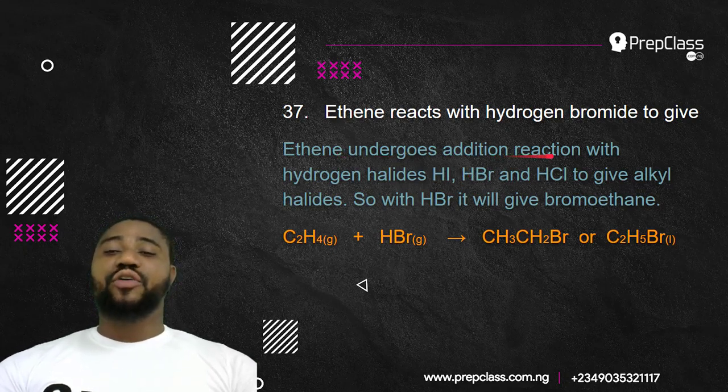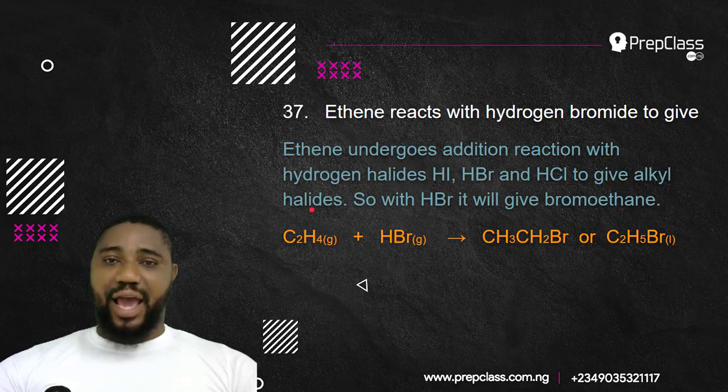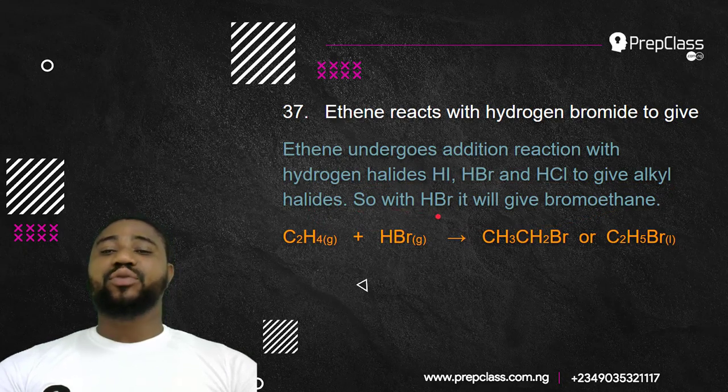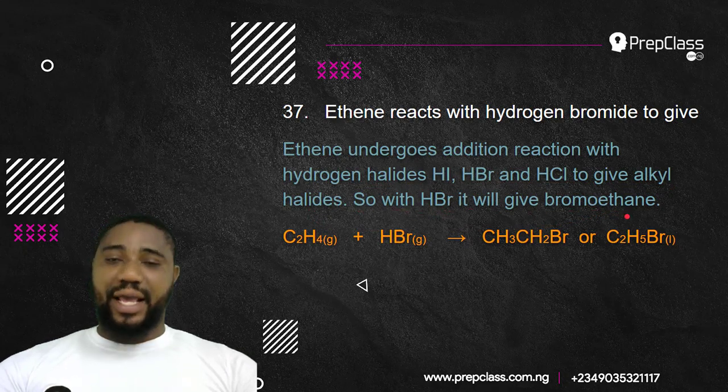So ethene undergoes addition reaction with hydrogen halides to give alkyl halides. With hydrogen bromide, it will give bromoethane. You can see the reaction here. C2H4, which is ethene, will react with HBr to give you CH3CH2Br or C2H5Br. In this C2H4, one H will join with the first carbon atom, then the Br will join with the other one.